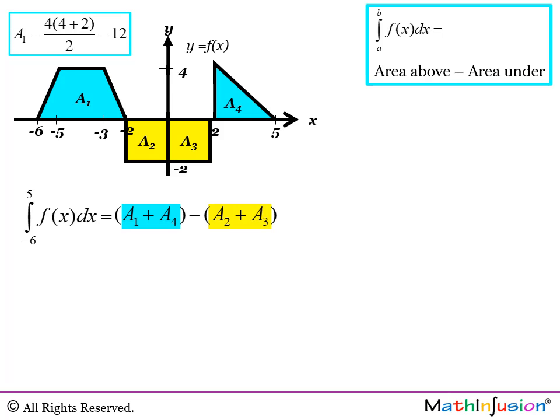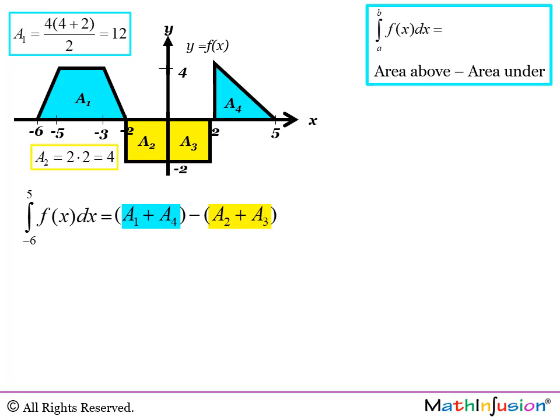The sum of the bases is 4 plus 2. Look, the upper base is between -5 and -3, and the lower one is between -6 and -2. The height is 4, and we get the height, which is 4, times the sum of the bases, 4 plus 2, over 2, which is 12.